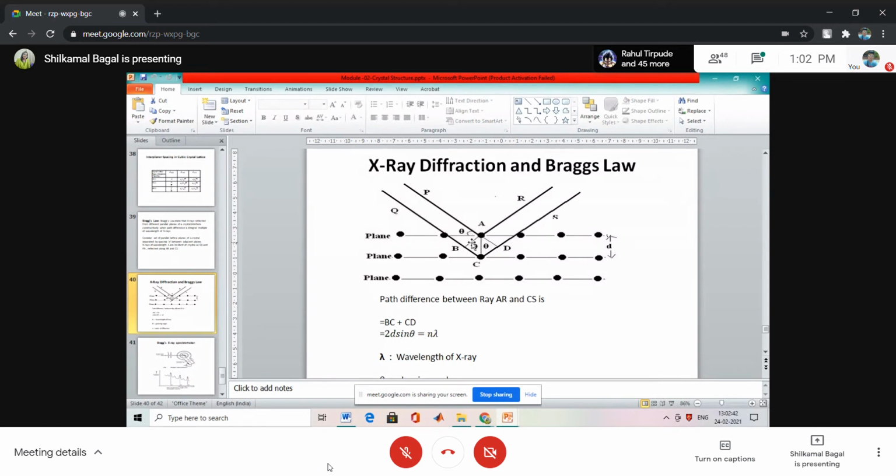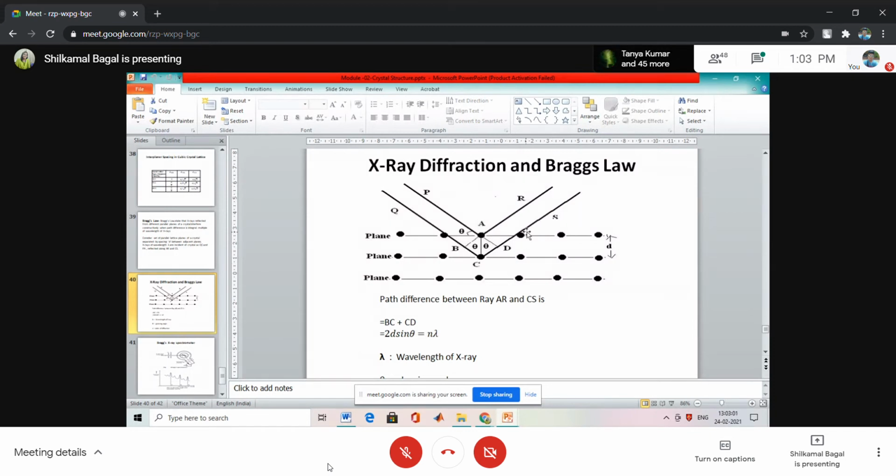Okay, then see, from A the first ray goes towards AR, but the second ray from B up to A and B is the same distance. They will follow the same path, but after B it follows the path B, C, D, and then these two will follow the same path.